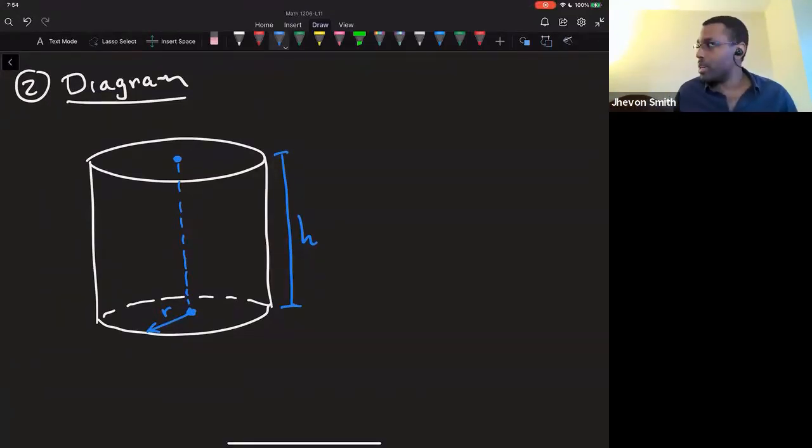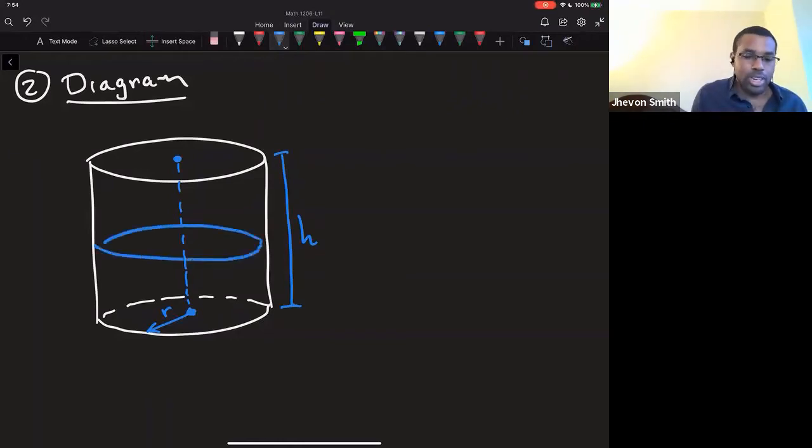That might do something. A lot of times the diagram can be very helpful, but this is a very straightforward problem. But drawing it can also remind you, oh, I can think of a cylinder as a prism, because no matter what level I'm at, it's just a circle. It's always a circle.